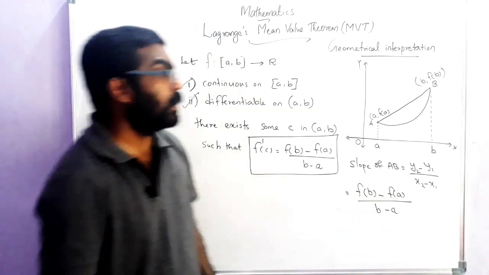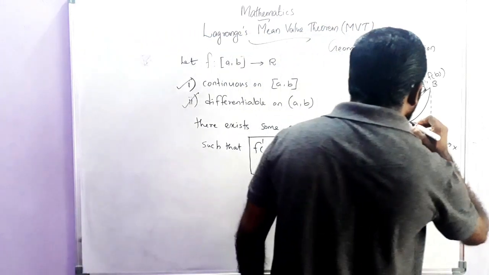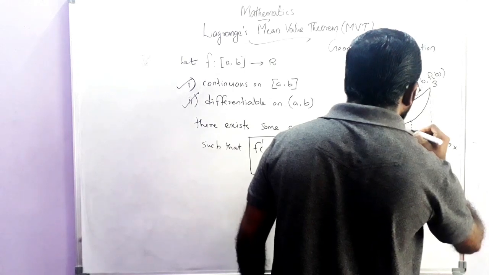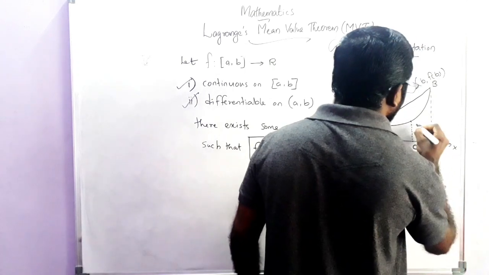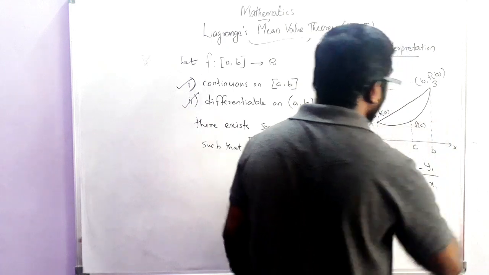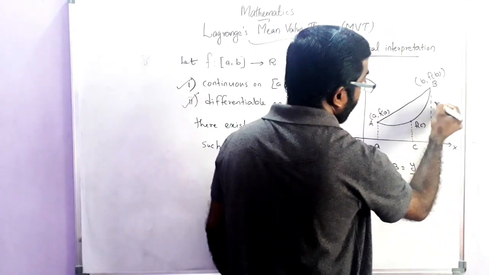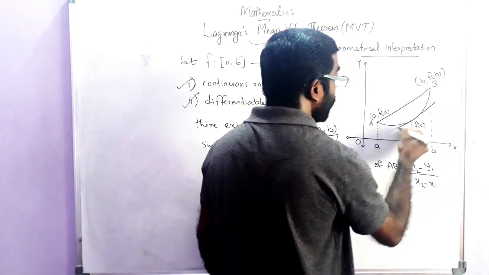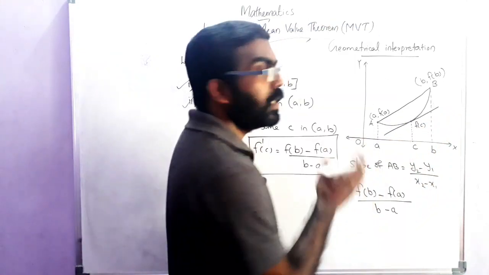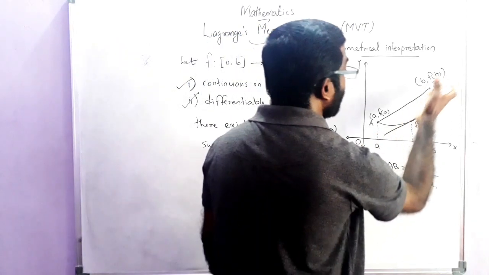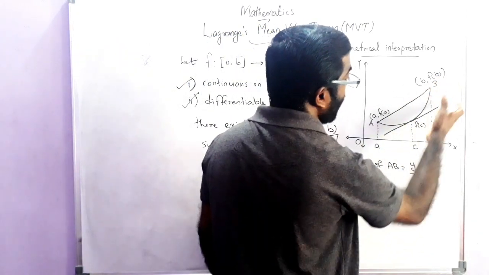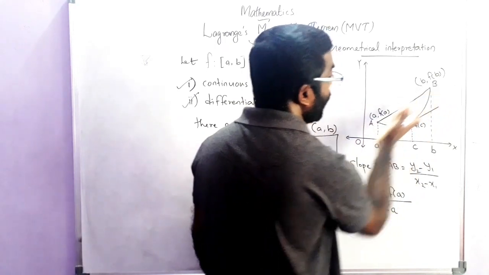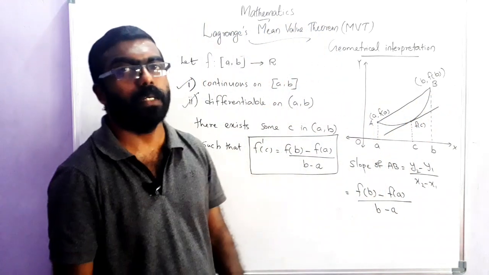Clear? Now we can consider one point C. Here I take one point C. This is C and it will be f of c. And at this particular point, if I draw a tangent to the curve, definitely it will be parallel to AB. These two lines are parallel. The tangent I drew here and the line AB are parallel to each other.